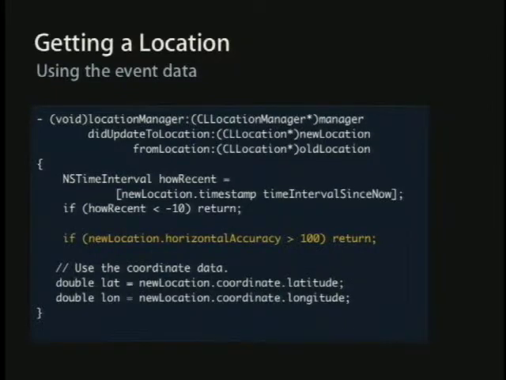Anything around 100 meters is probably going to have been generated from a cell tower, because that can't really be accurate to anything approaching 100 meters. So we'll filter those out by checking the horizontal accuracy. As Core Location starts to generate more accurate information, it starts out generating cell tower information, then moves down to Wi-Fi, and then finally GPS. Once the satellites are found, it'll send new updates every time to let you know that it's got more accurate information. You can find that out by checking the horizontal accuracy.